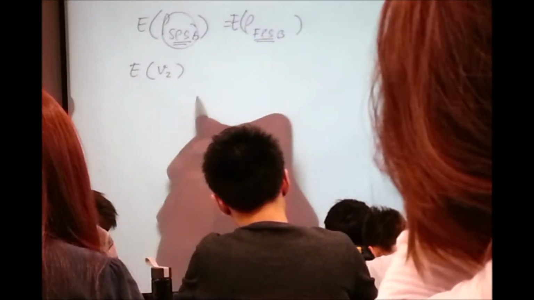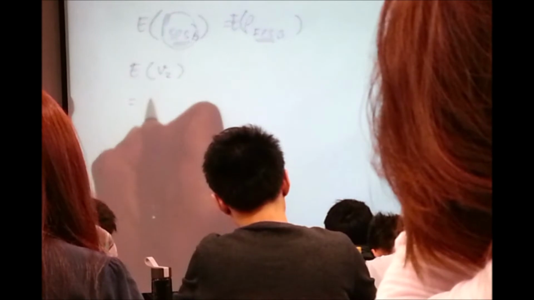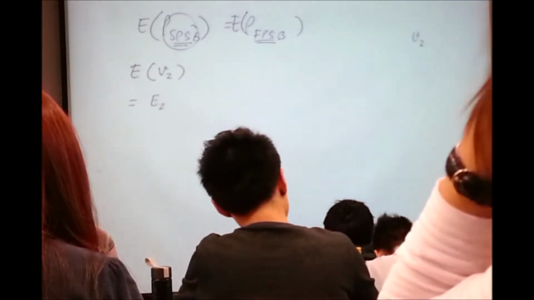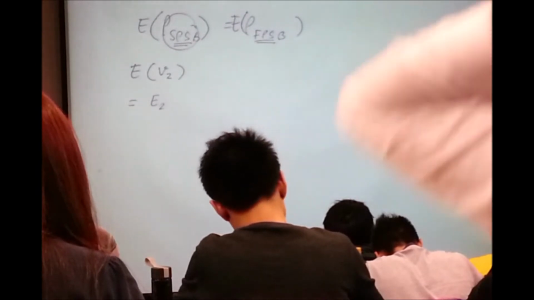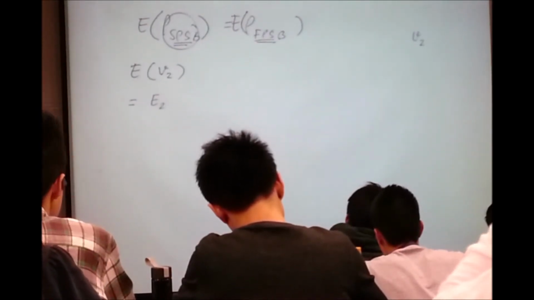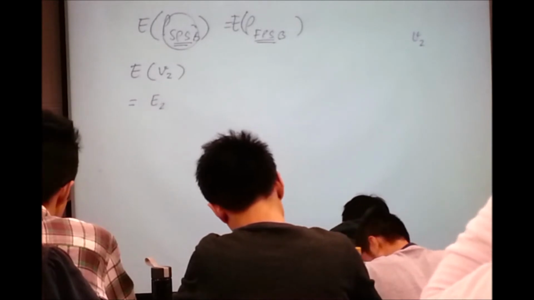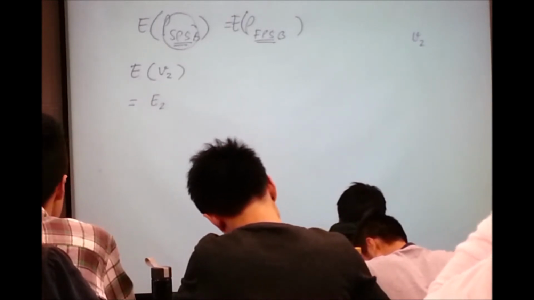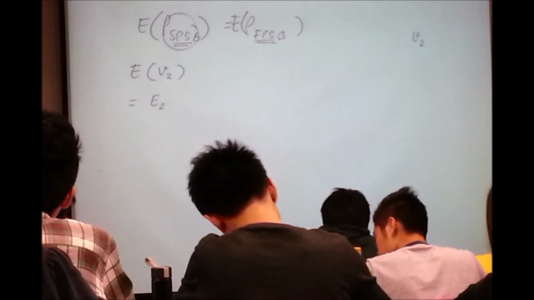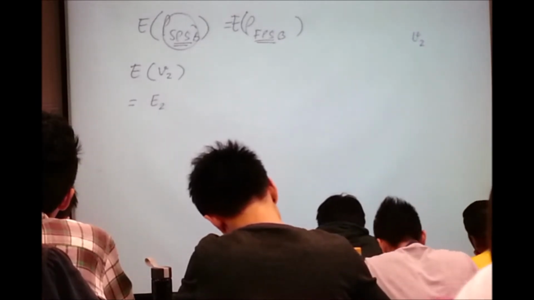And this, ladies and gentlemen, is nothing but the expected second highest valuation. Therefore, use my formula number 2 to find out what happens in a second price auction.